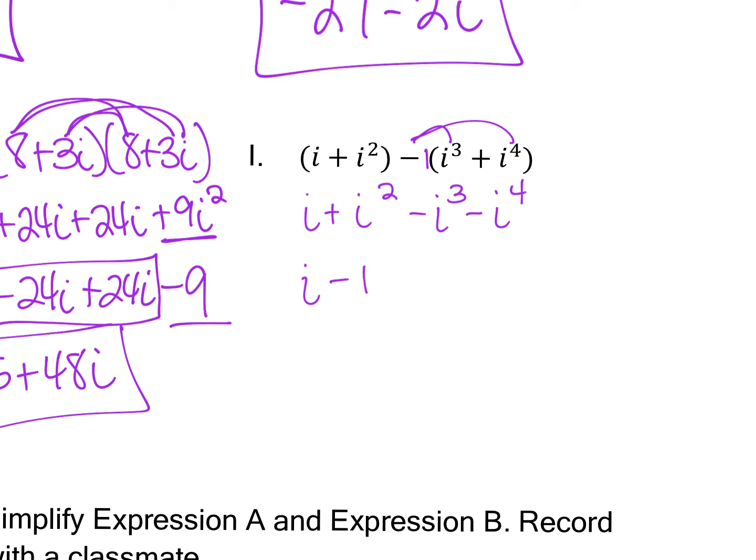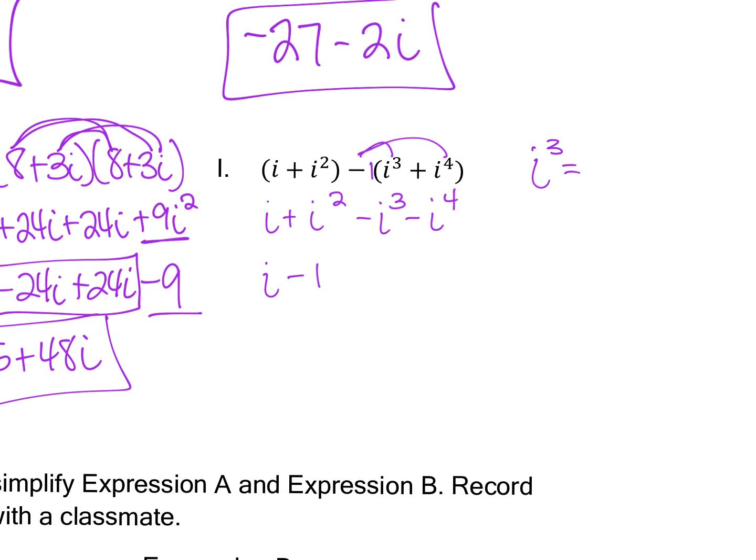And then i cubed, so we actually did this on the last lesson. i cubed is the same thing as i squared times i. All right, so we know i squared is negative 1. We times it by i, and we get negative i. So you need to know that i cubed is negative i.